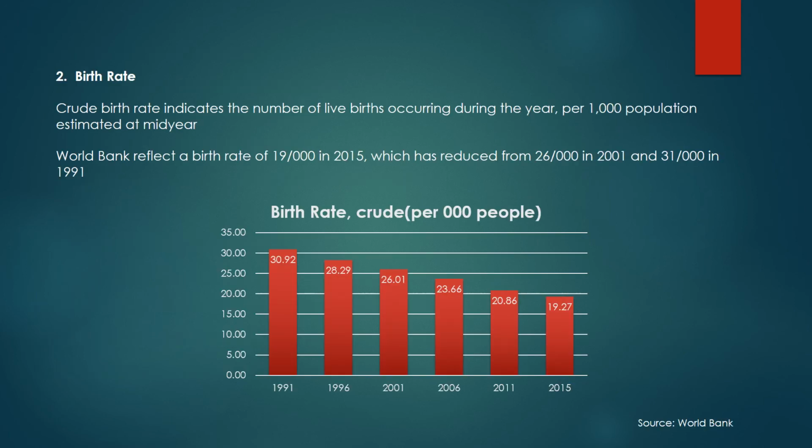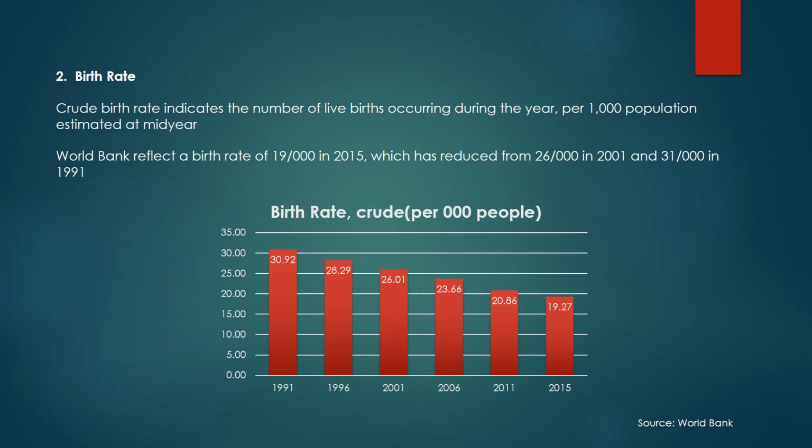Next is birth rate. Crude birth rate indicates the number of live births occurring during the year per thousand population estimated at the mid-year. If we subtract the crude death rate from the crude birth rate, we will get the natural increase in population, which is nothing but the annual growth rate of population.